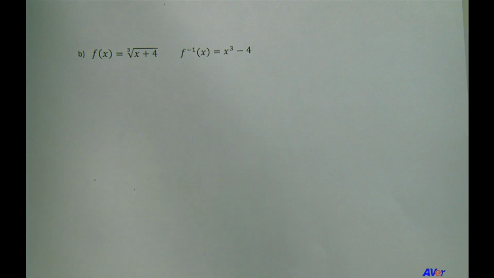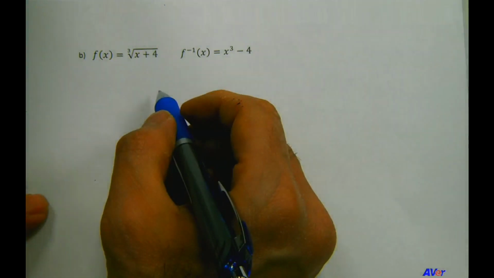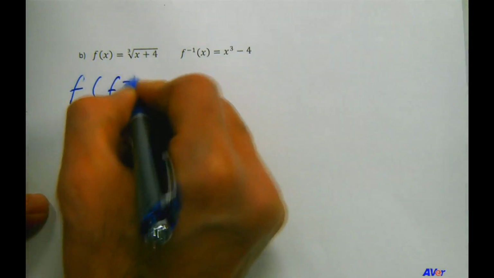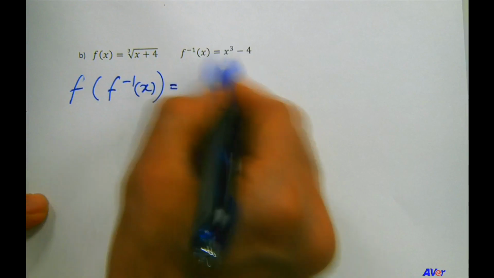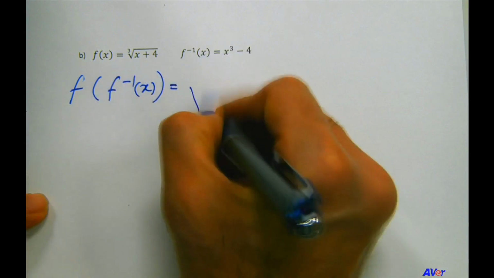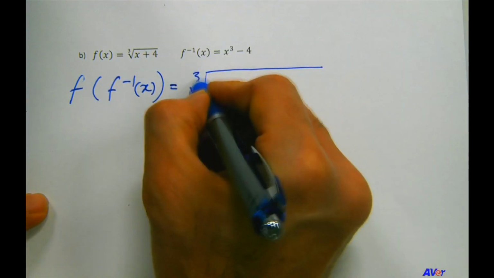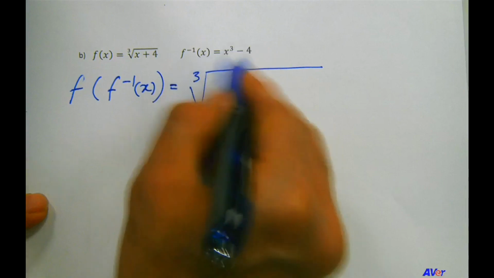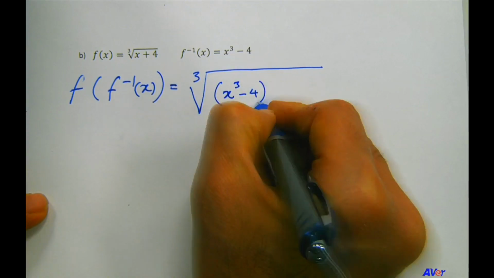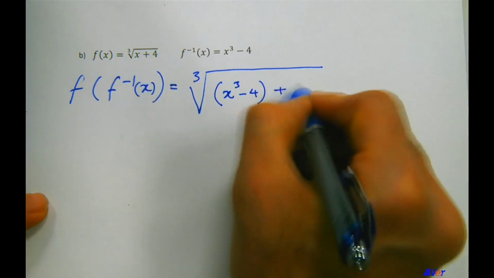All right, I'm assuming that you've done that. So we have to take the composition in both directions, right? By now you know that. So this time I'm going to put the f inverse inside f. Where can that go? Just x, right? All right, so third root of, instead of x, let's put all of that: x cubed minus 4, and then plus 4.